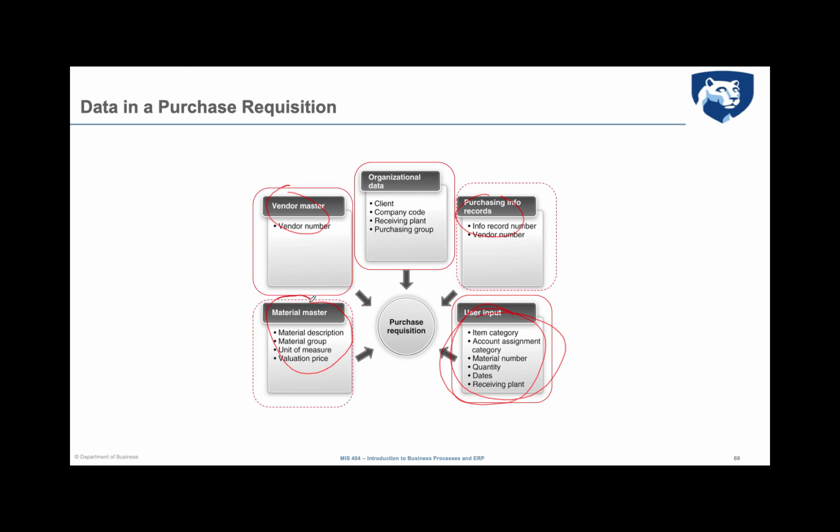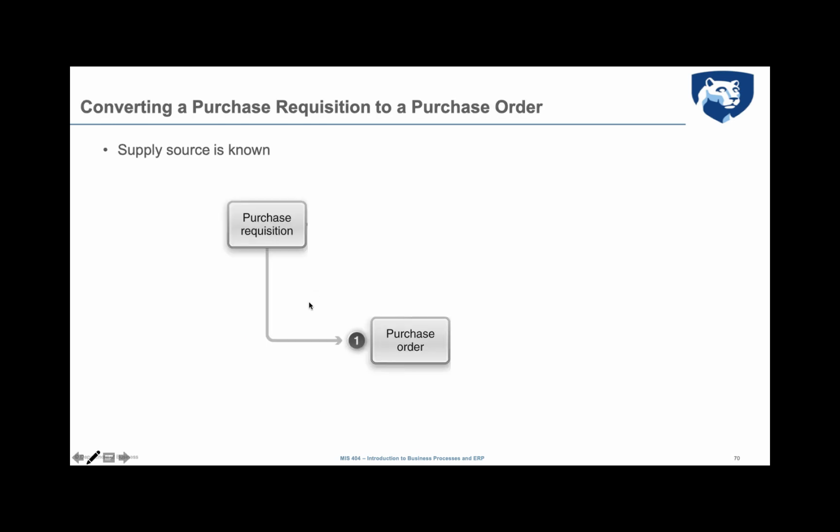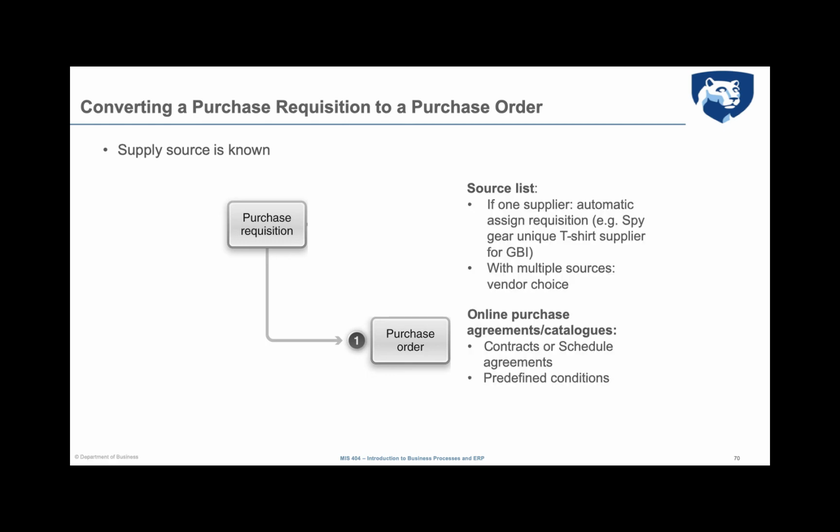What can happen when a purchase requisition is issued by a user? Again, this will be our case. When the supply source is known, so we already have a supplier that is able to provide what is requested, the purchase requisition is immediately transformed into a purchase order. How?